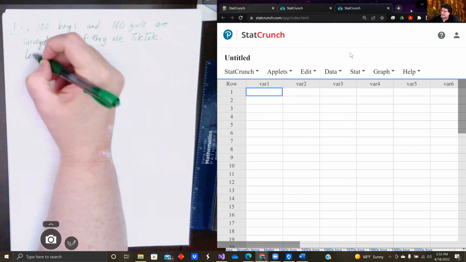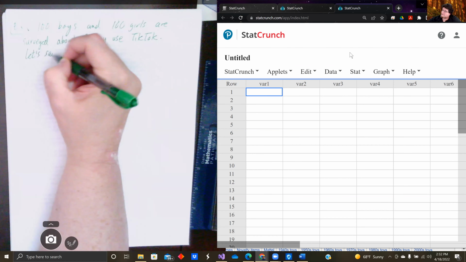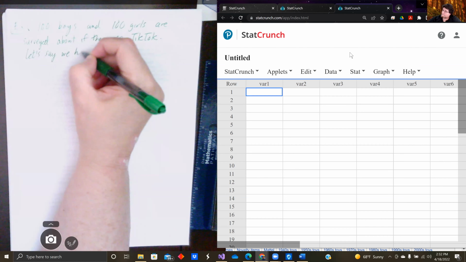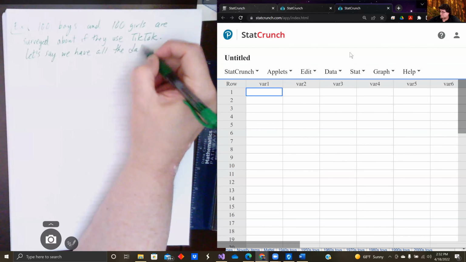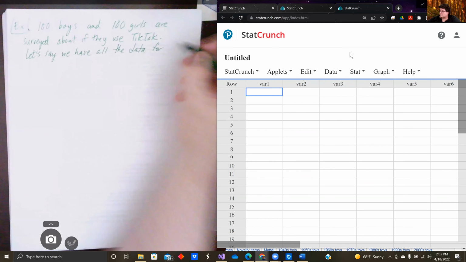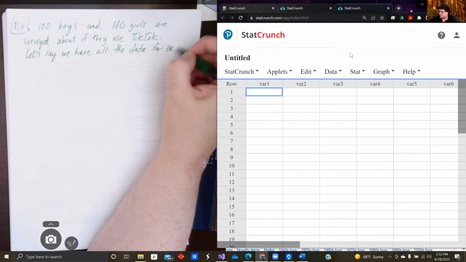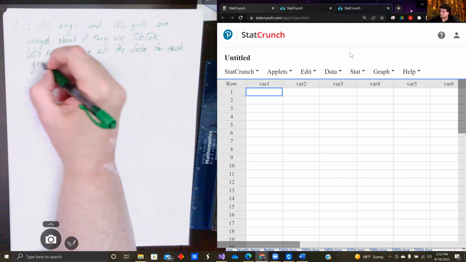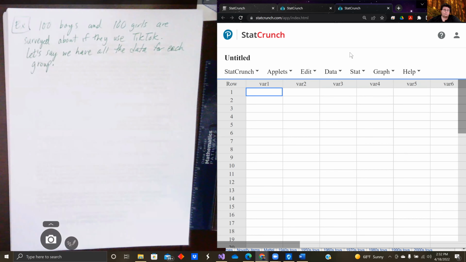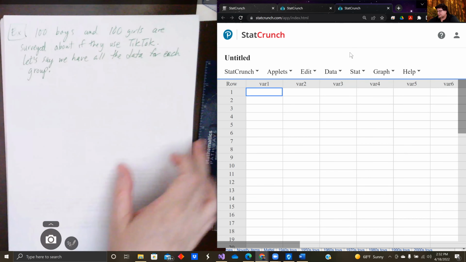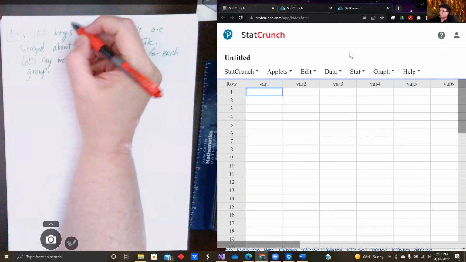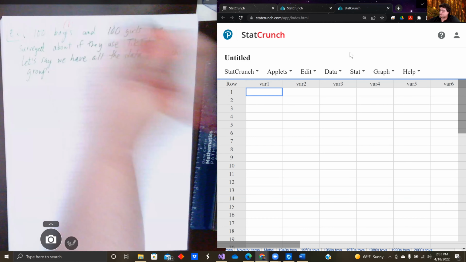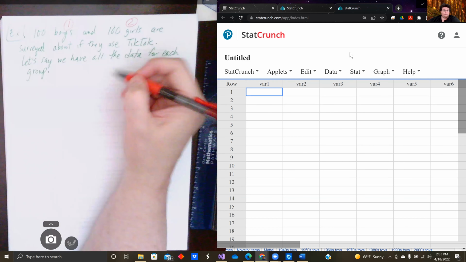Let's say we have all the data for each group. And we're trying to decide if we can do a paired test or not. Now, if I call boys group 1 and girls group 2, they're both 100.